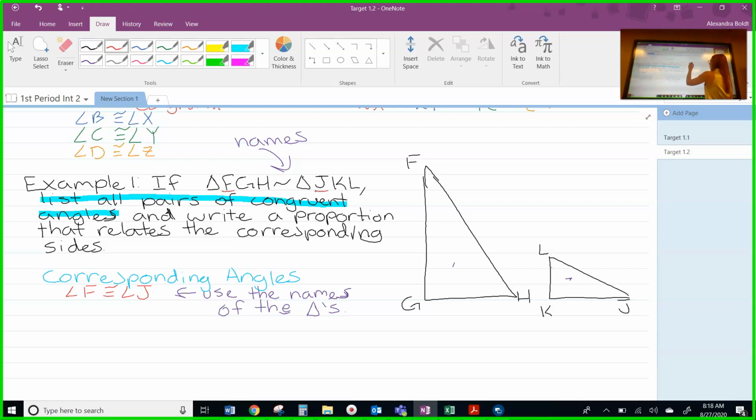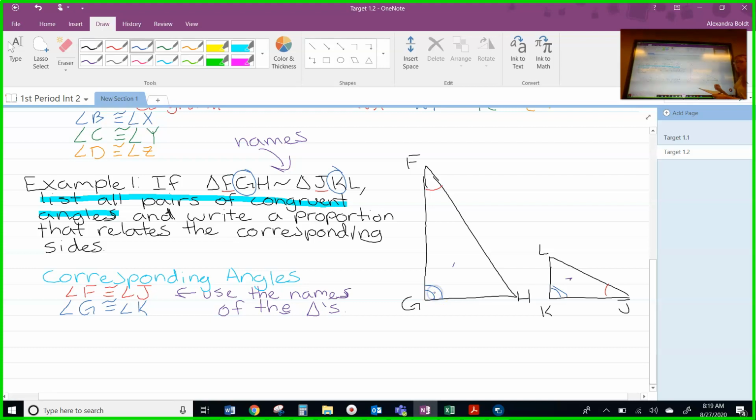And then I'm going to mark them. So F goes with J. My next one would be G and K. And again, just to differentiate, not only with color, but if you don't have color, that's why you do the multiple lines.